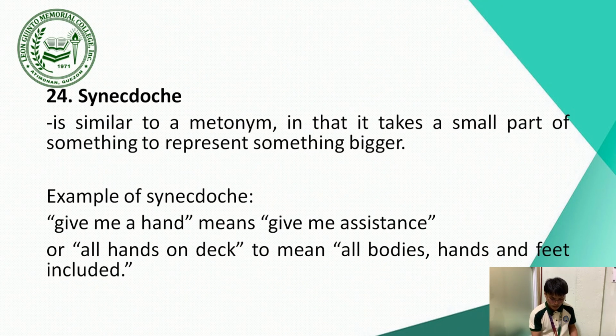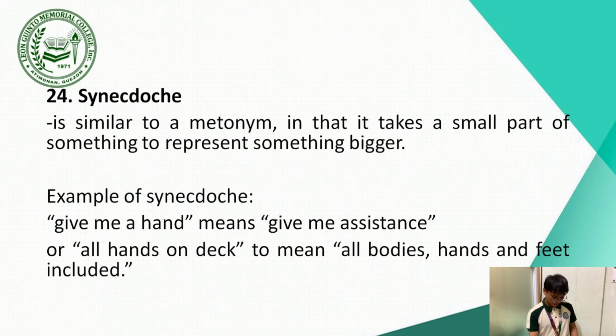Okay. Next word is synecdoche. Synecdoche is similar to a metonym in that it takes a small part of something to represent the bigger, but rather than looking at something symbolically representative of a whole, synecdoche is a poetic device that looks at a physical part of the whole.